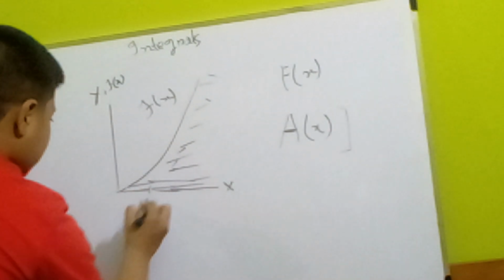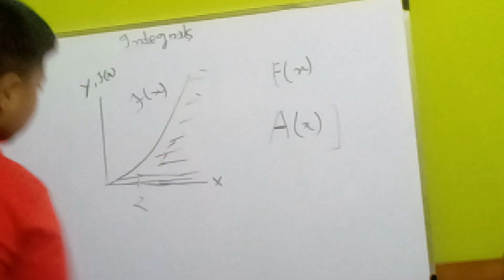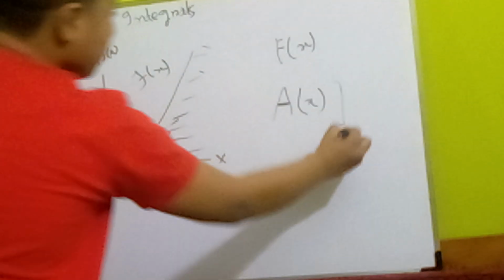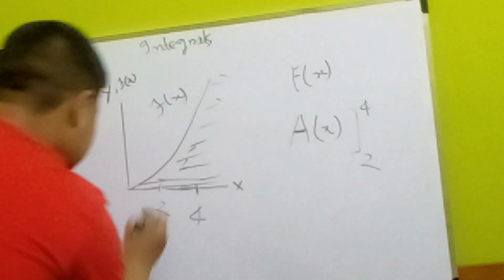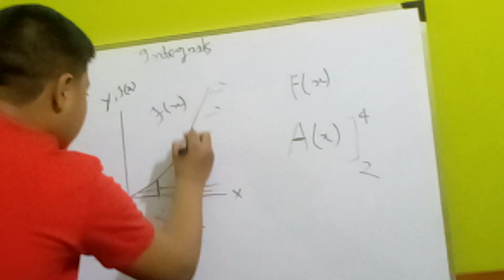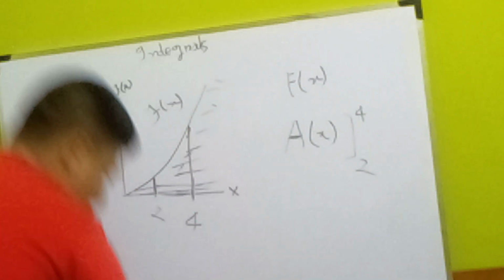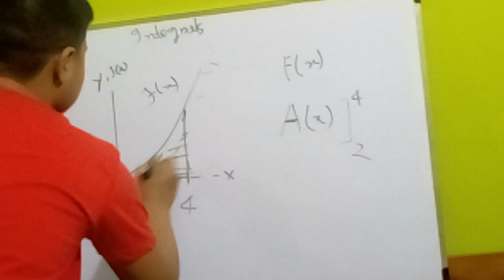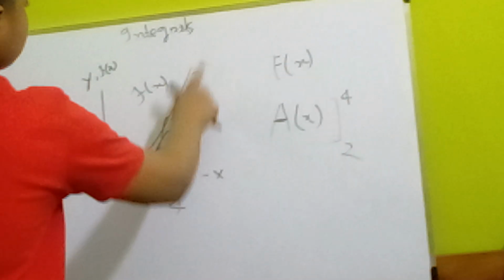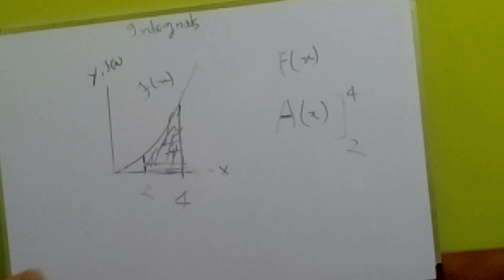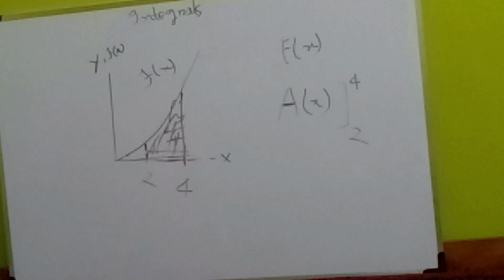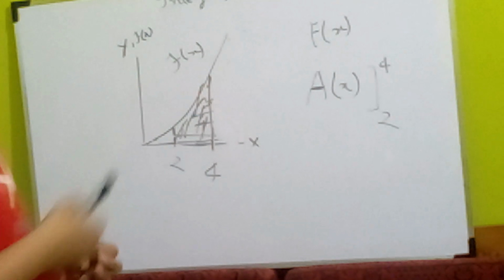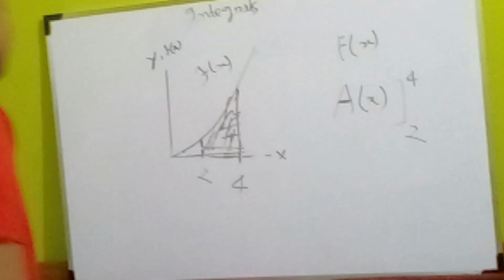Let's say this is the 2 point in this function, its value, and this is the 4 point. So what it really means from 2 to 4 is we're trying to find the area under these two boundaries. This is what integral means, and we try to represent it as a function so that we can find area between any intervals of x.